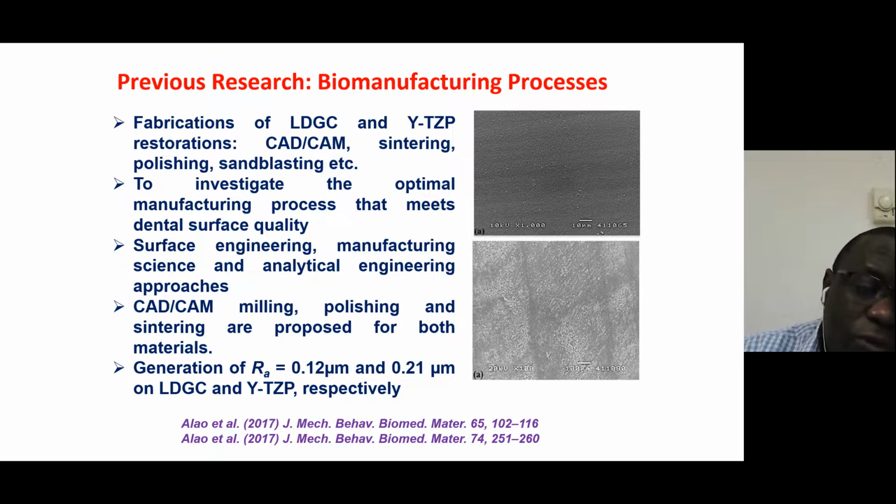So the technique that I used was to combine surface engineering methods, manufacturing science, and analytical approaches in order to generate this surface quality. You can see the smooth surface quality generated from lithium disilicate glass ceramics, and this one for sintered zirconia. And then both processes have been suggested to the dental practitioners, and they are being implemented.